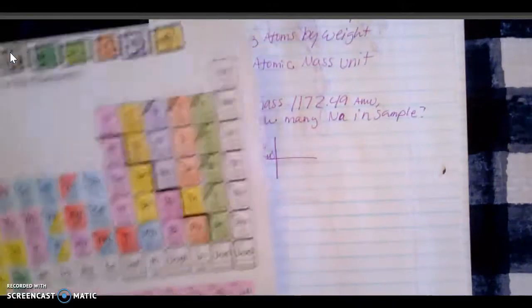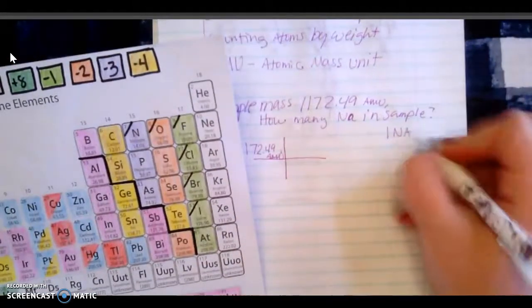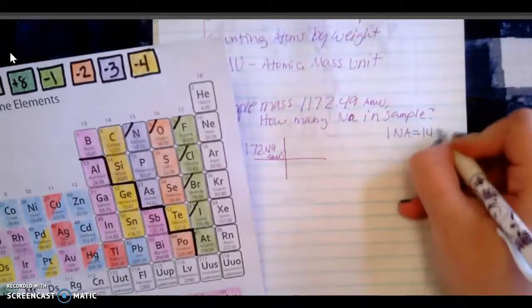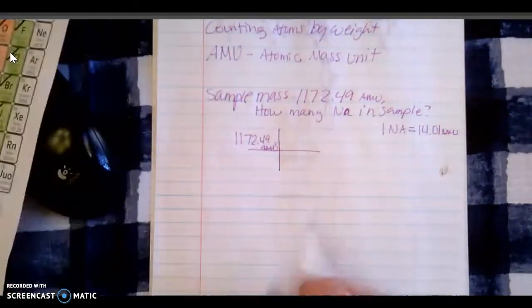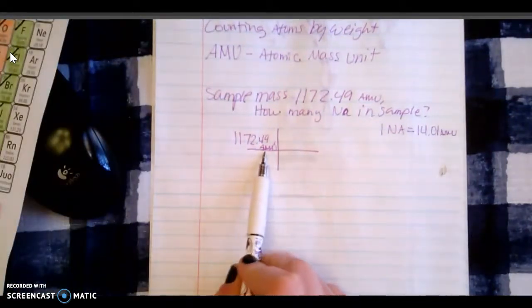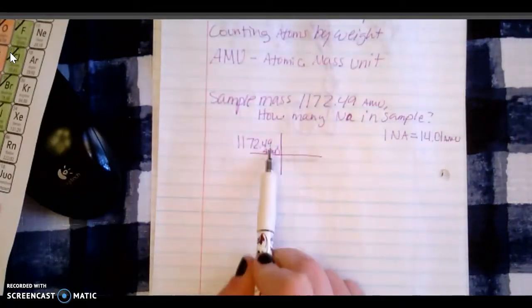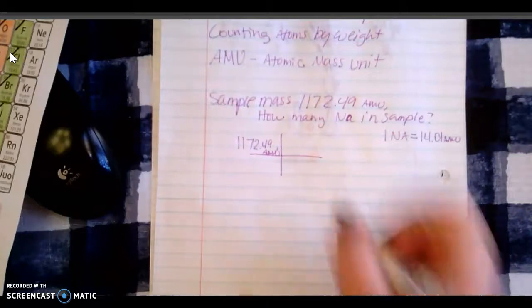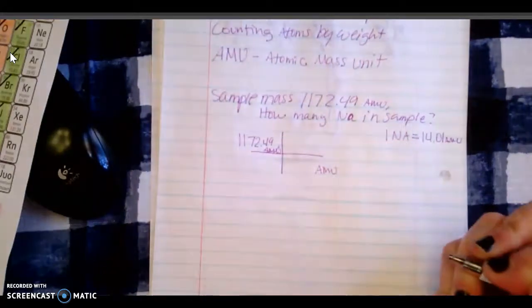If I look at my periodic table, I can see that one sodium atom equals 14.01 AMUs. Now, if I have AMUs here, I have to put AMU diagonally so that those units will cancel each other out.